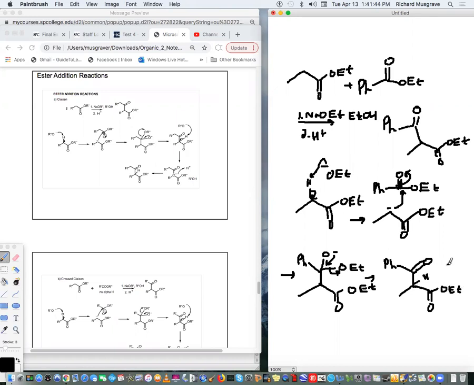And because that's acidic again, because it's between two carbonyls, the OEt minus will take that and form the anion. So the anion, you can see where that arrow is going. It's going onto that carbon.